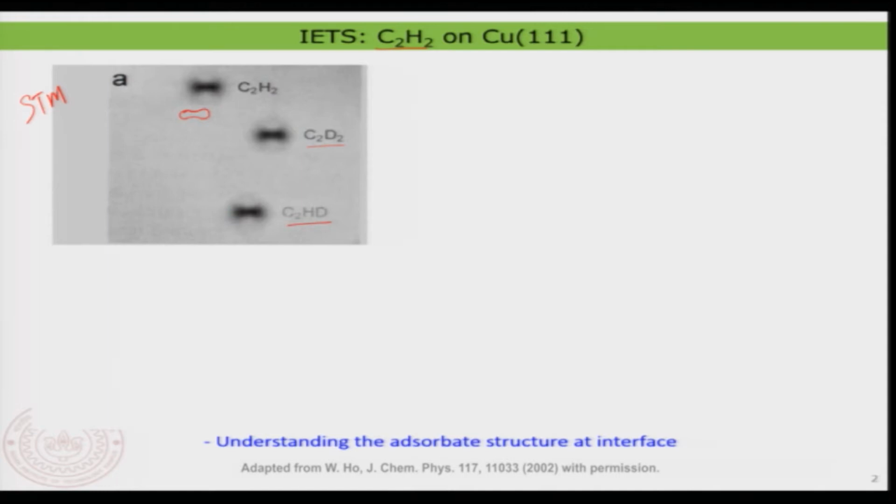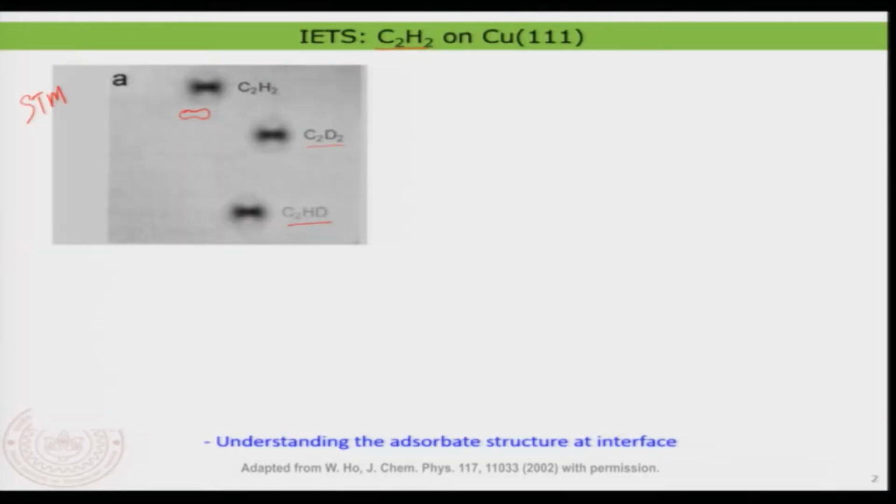Of course, you see nicely the shape is all right. This could be a linear molecule, that is fine, but on the other hand you are unable to detect what the molecule really is. Is it C2H2, or is it C2D2, or is it C2HD? That is actually the question.